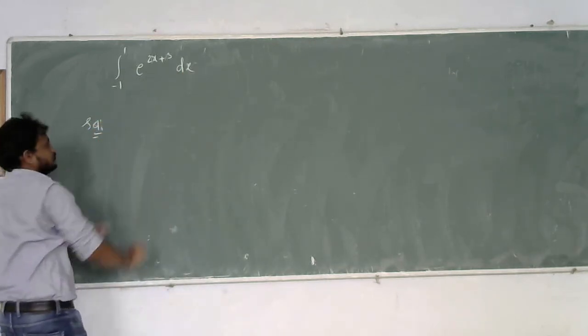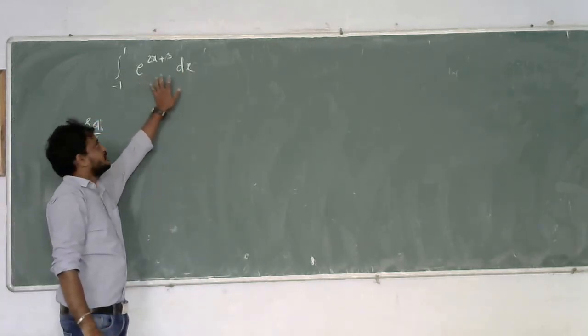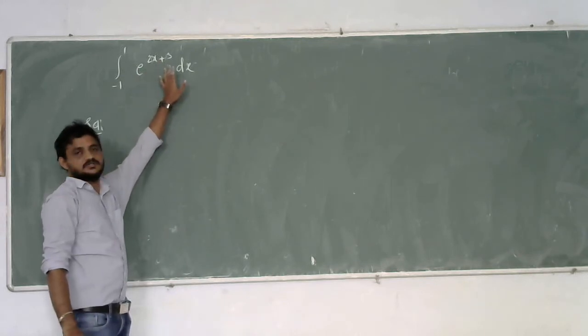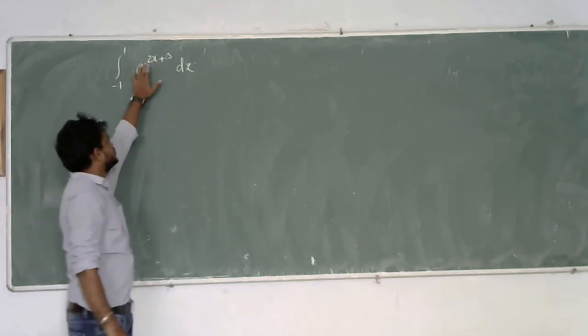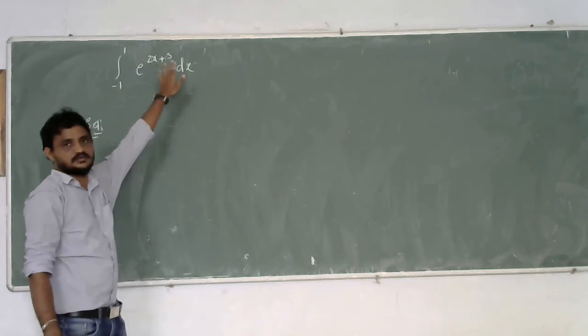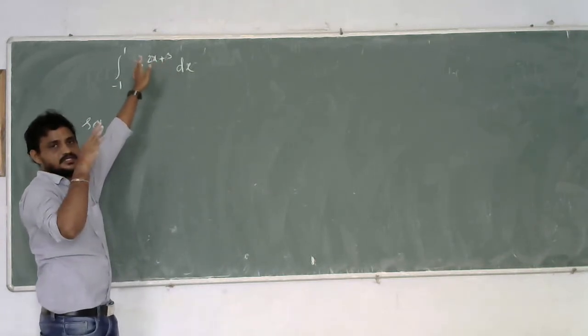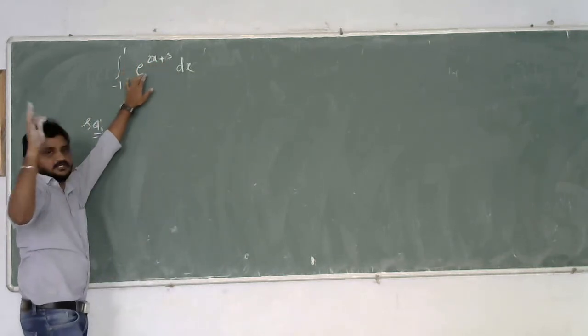Very simple problem. Integration of e to the power of 2x plus 3 we have to solve first. Consider this total value as x, that is, the chain rule method.